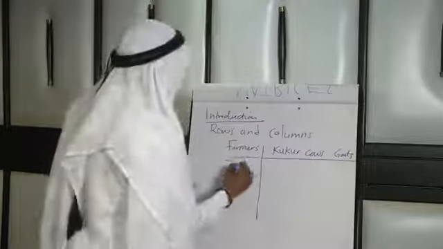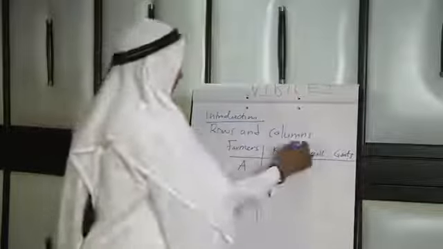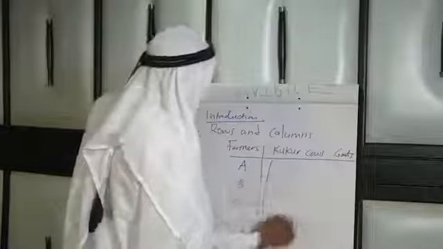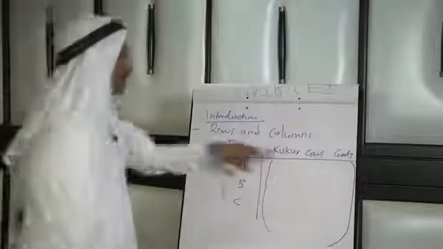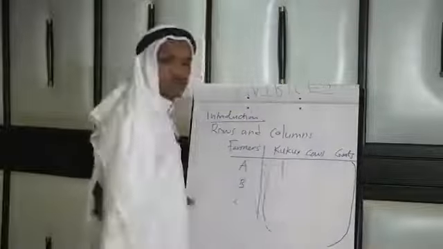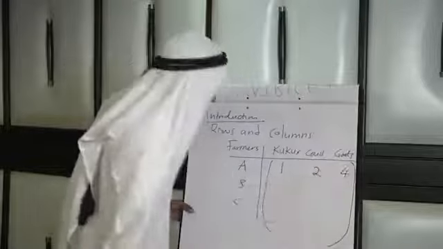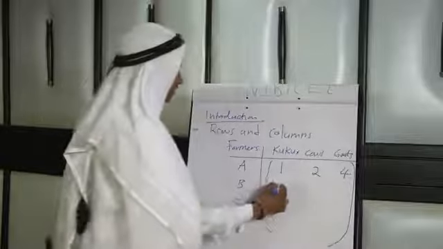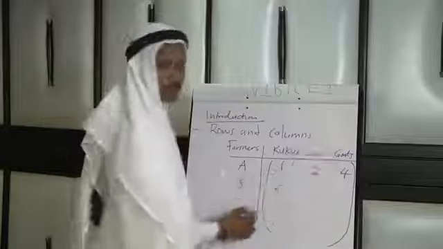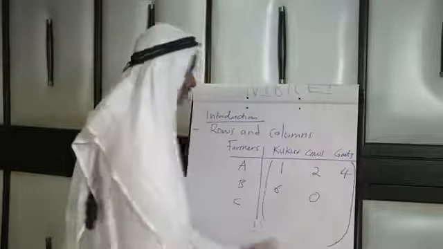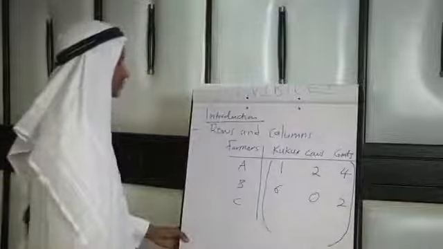Then we have farmer A, farmer B, and farmer C. Farmer A has 1 chicken, 2 cows, and 4 goats. Farmer B has 6 chickens, cows he has none, 0 cows, then has 2 goats.